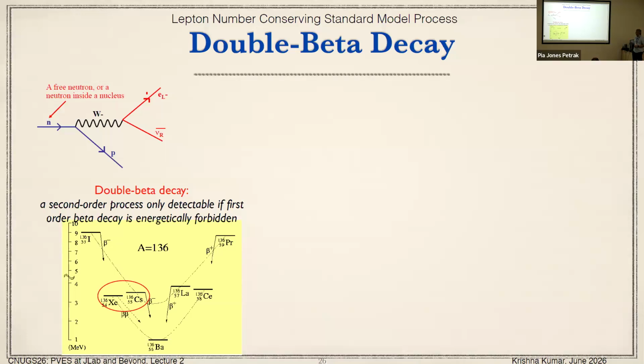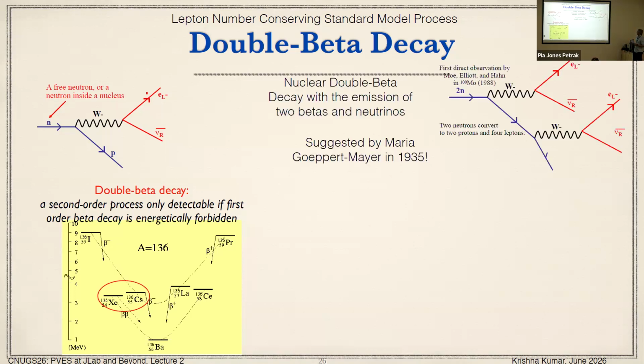However, quantum mechanically, it can tunnel through and simultaneously emit two Ws and go straight from xenon to barium. And that is the so-called double beta decay process, where this is virtual in between. This was already suggested in 1935 by Maria Goeppert-Mayer.